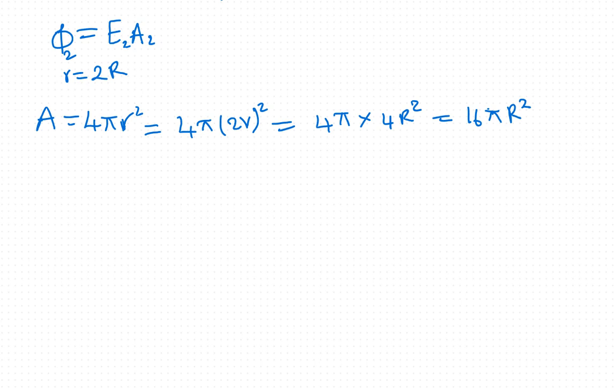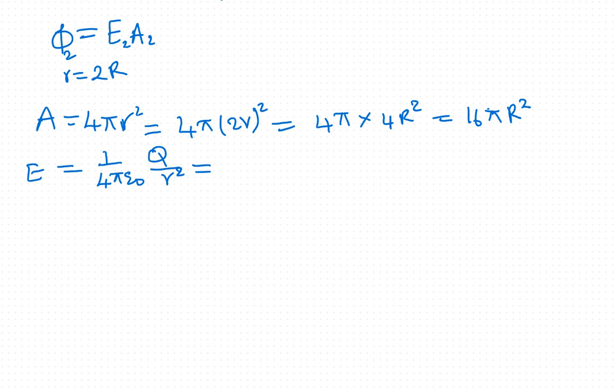The electric field E is equal to 1 over 4 pi epsilon naught times Q over r squared.